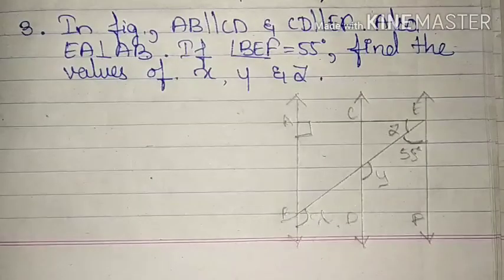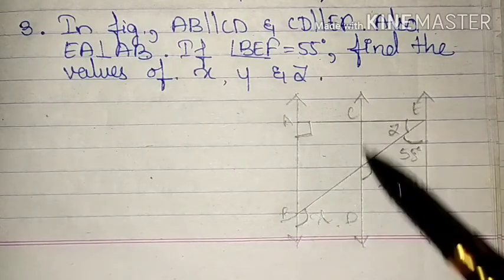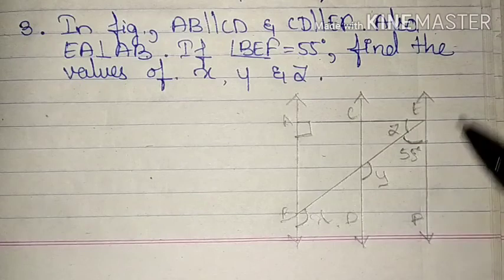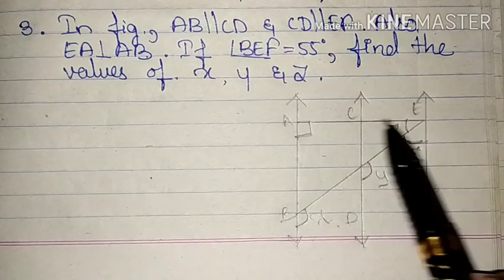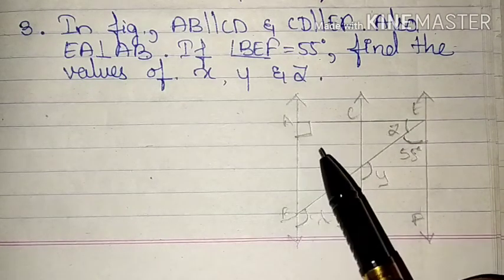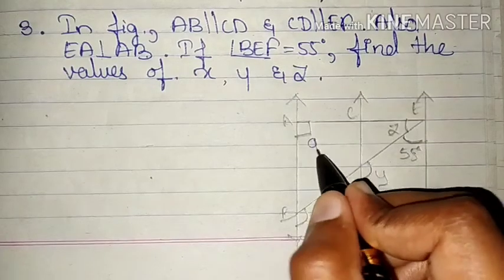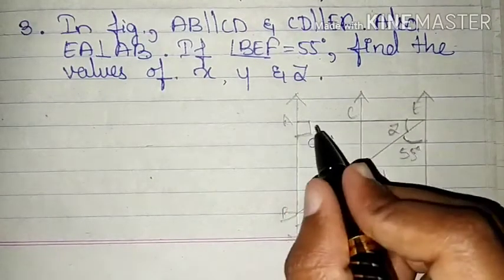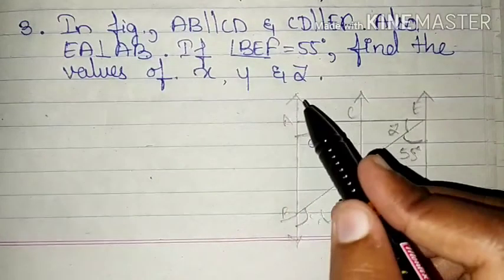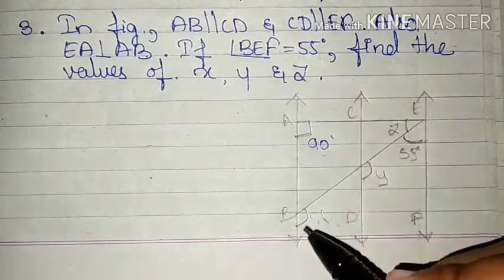In the last solved example, in the figure, AB is parallel to CD and CD is parallel to EF. Also, EA is perpendicular to AB. EA is a line segment passing through these parallel lines and it is perpendicular to the line AB.